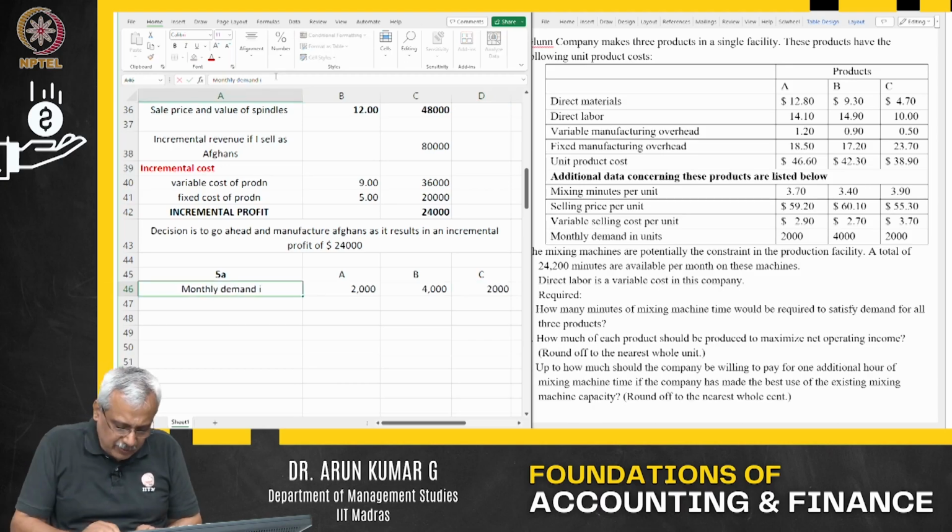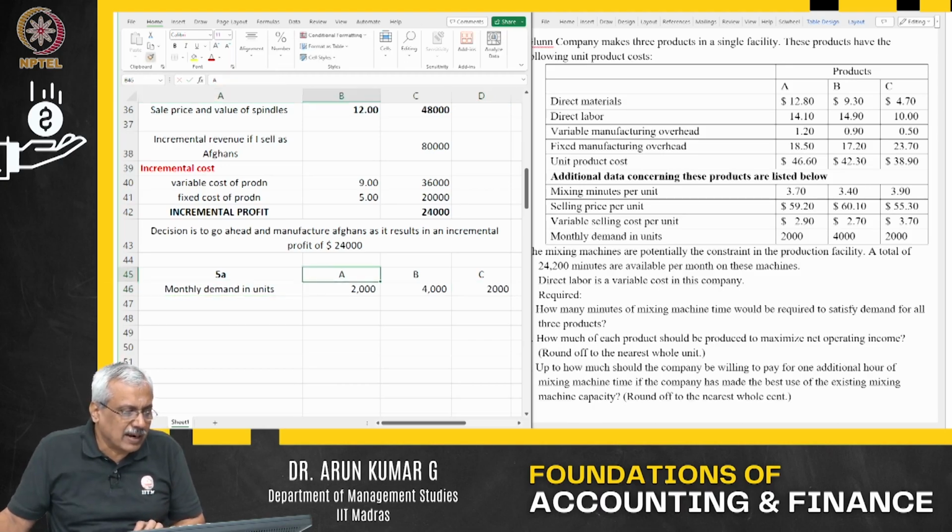This is the monthly demand I have of these three products, and let us stick to this monthly demand in this particular case. I am just going to center this. Not working. I don't know why. Anyway, that is okay.